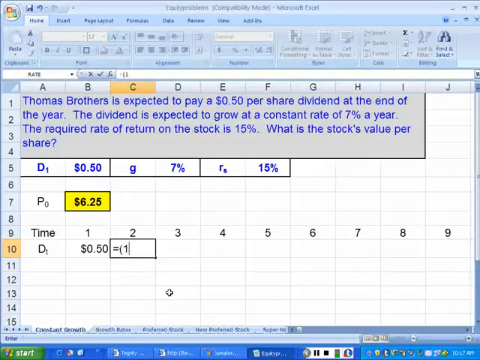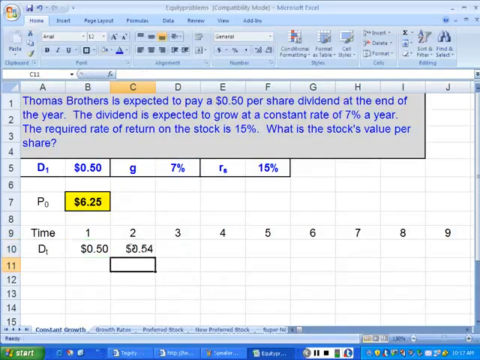So I'm going to pop that in place here, 1 plus the 7% rate, and multiply that by the prior dividend. Now, I'd like this to use the same 7% rate because it is a constant growth environment. Since I'm copying column to column, I'll put a dollar sign here in front of the D of the D5 so that I can fix in that rate.